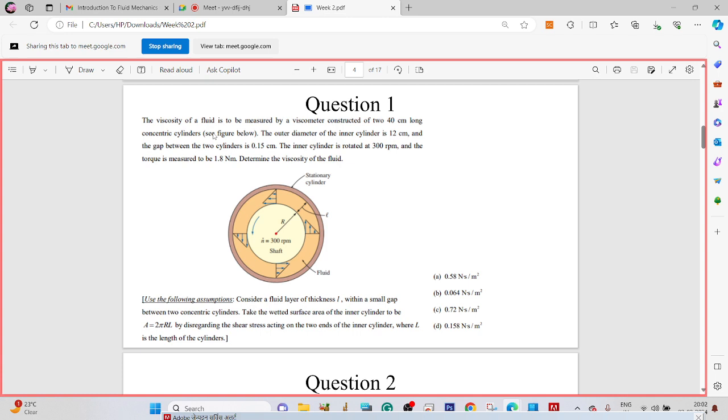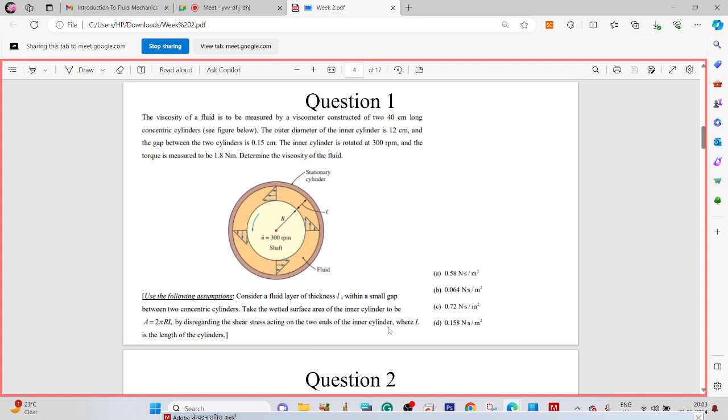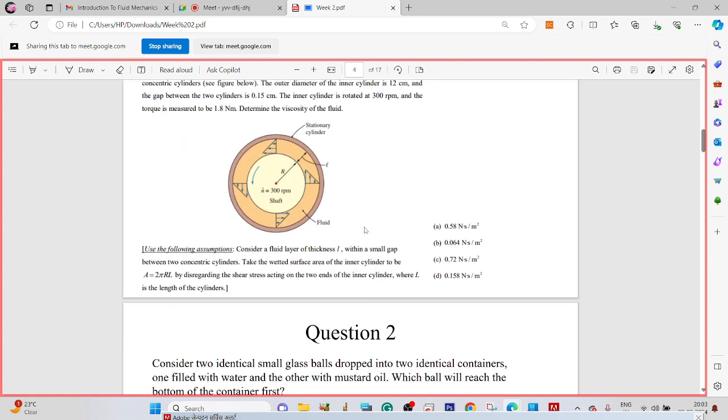The outer diameter of the inner cylinder is given as 12, so r is equal to 6 centimeter. The inner cylinder is rotated at 300 rpm, as already given, and the torque is given as 1.8 newton meter. So determine the viscosity of the fluid.